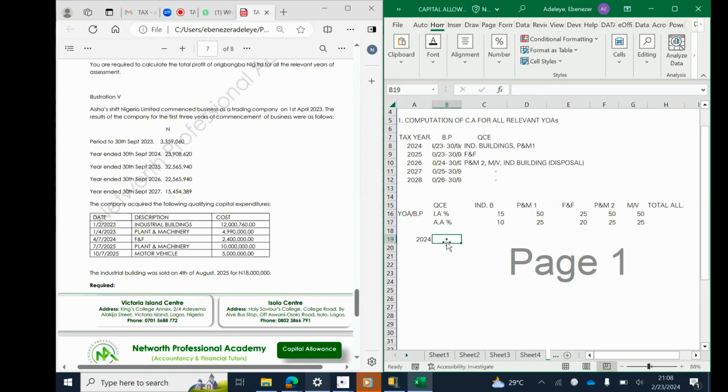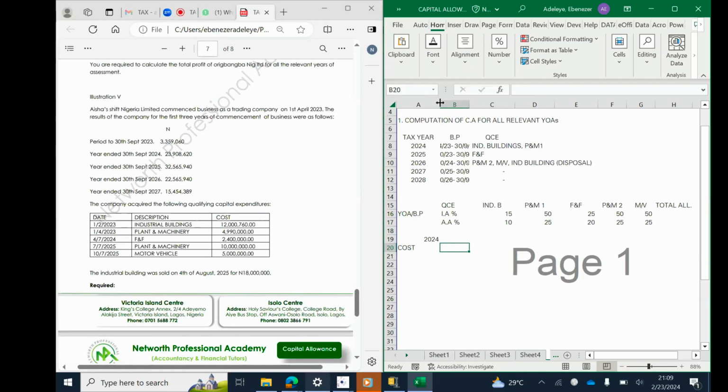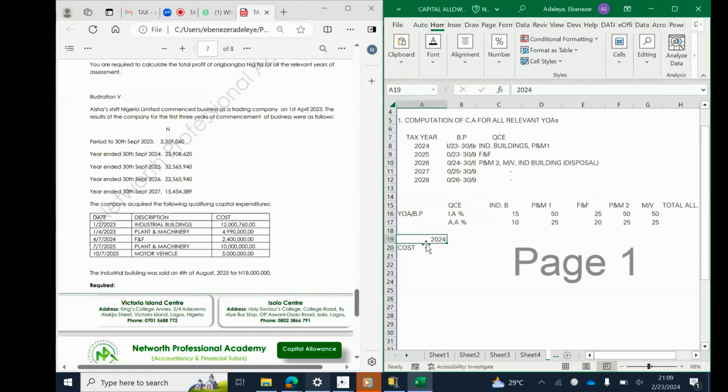So what is the first thing that we have? Industrial buildings, right? So we have costs. What's the basis period? Let me just put it here: 1 April 23 to 30 September 23.